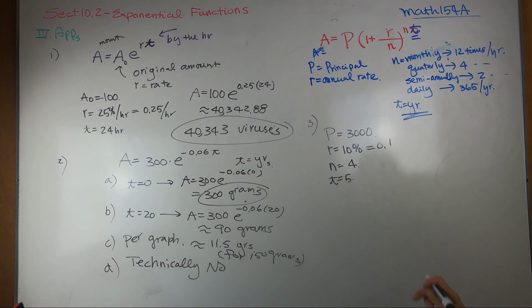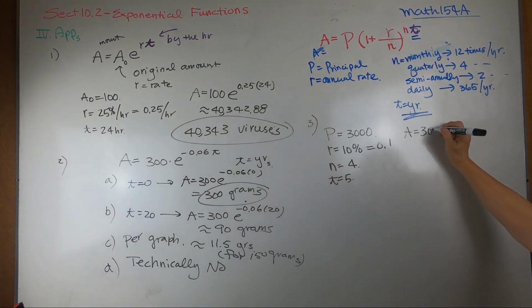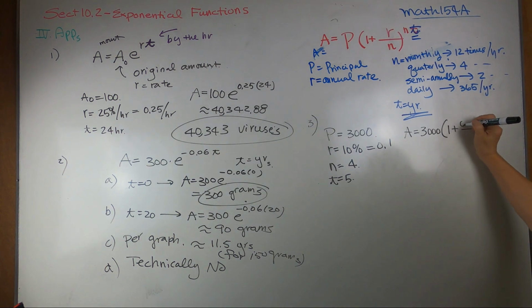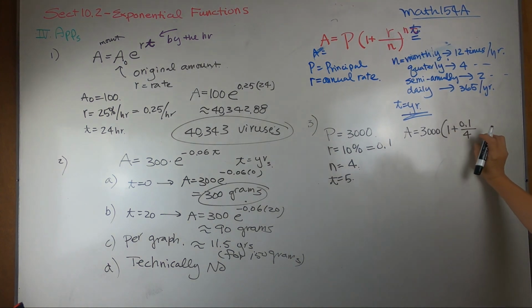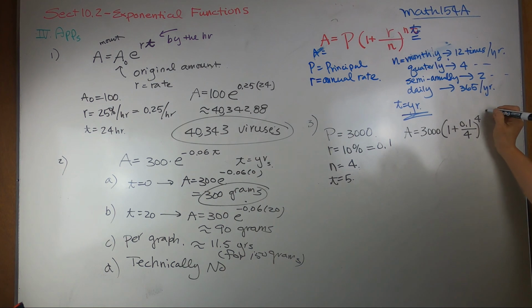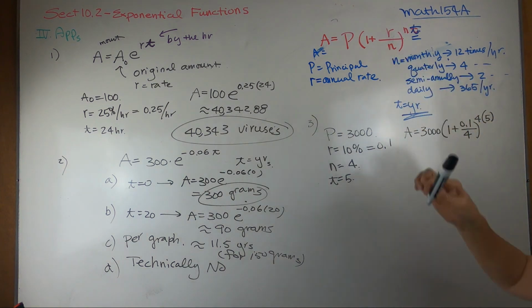Then what do you need to do to find your A? You plug in. A equals 3,000 times 1 plus R, which is 0.1, divided by 4, because 4 times per year, so each time you just add a little bit. Then the exponent is N times T, 4 times 5. Why is the formula this way?